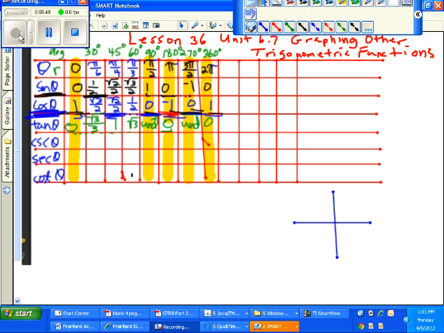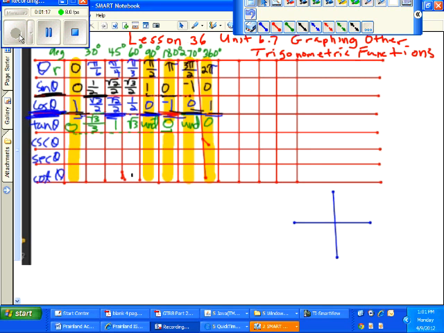In yellow, remember, that's our quadrantal angles, and we use those to graph sine, cosine, and tangent. We didn't use the other values because a lot of those are square root things and they're hard to pinpoint, and we can get a general graph without them. If you wanted to put those in, you could, and it would give us a little bit better indication of where things are going, although it's not necessary to graph a general curve.